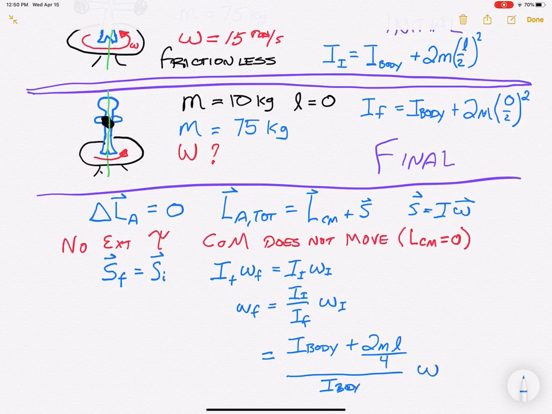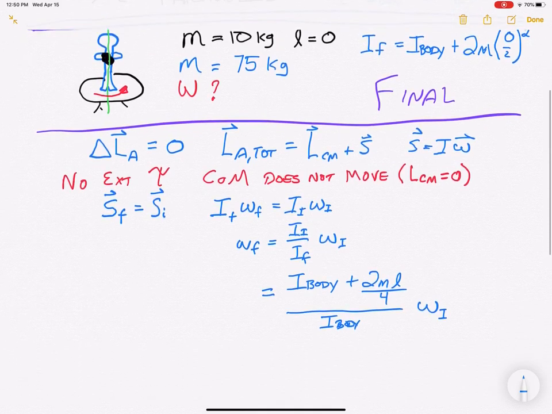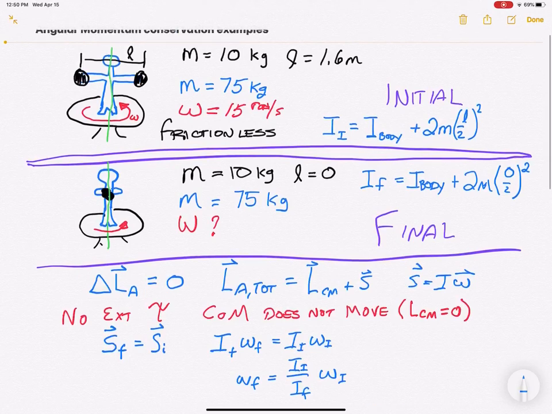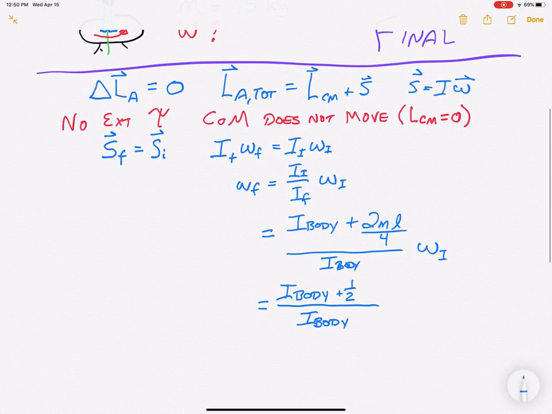And omega initial. So I'm going to wind up with I of the body divided by the I of the body, which we haven't defined, and I'm hoping we don't need to, plus 1/2 the 10 kilogram masses.